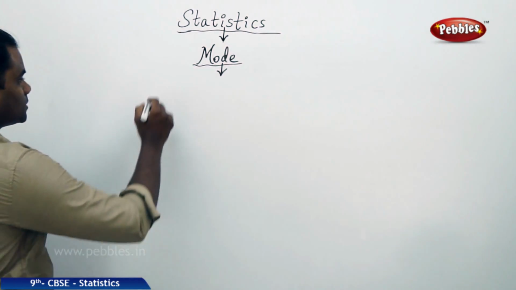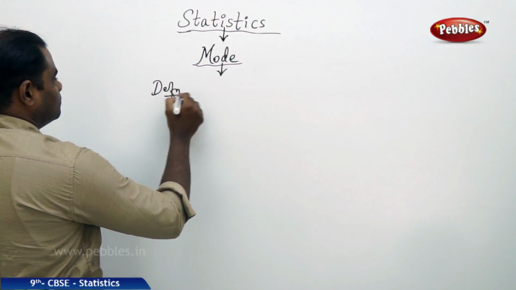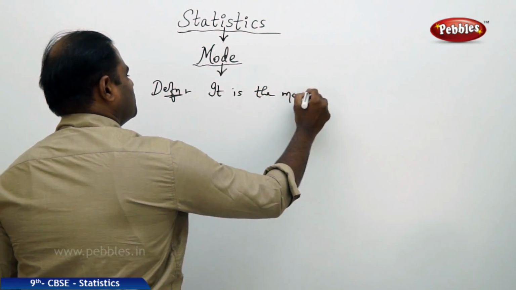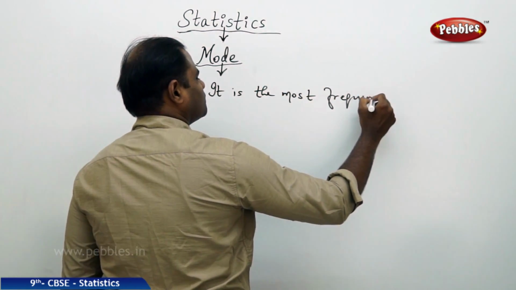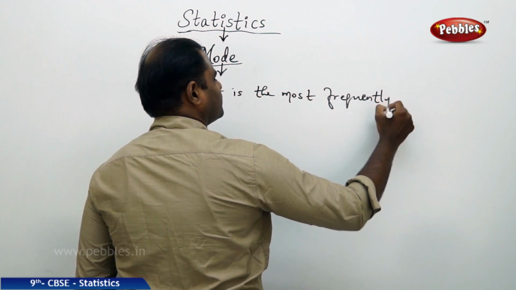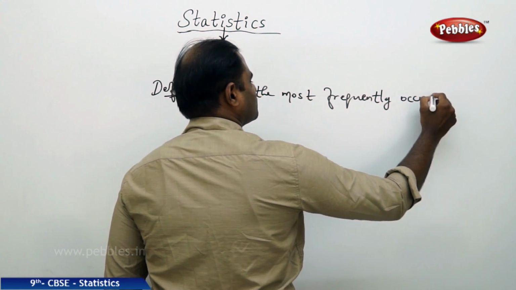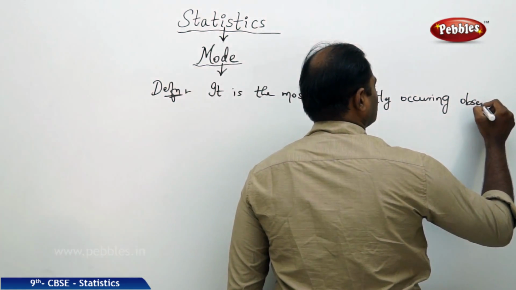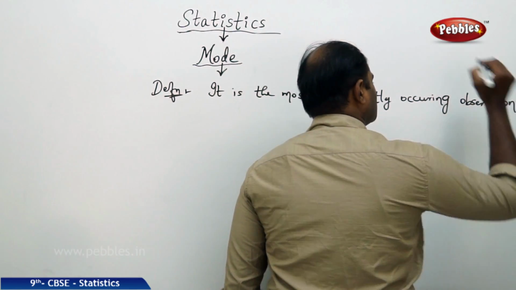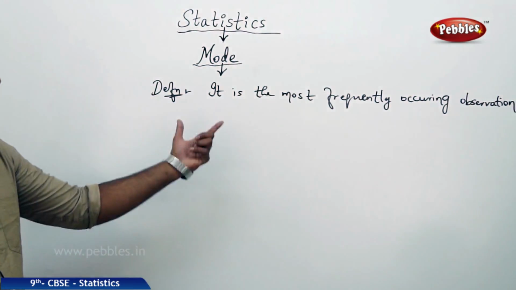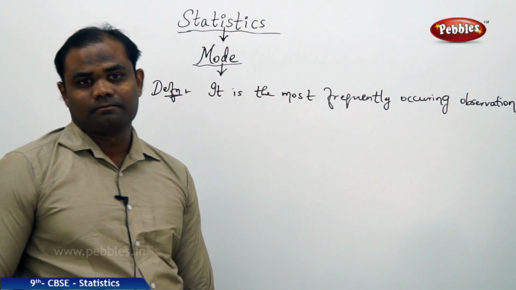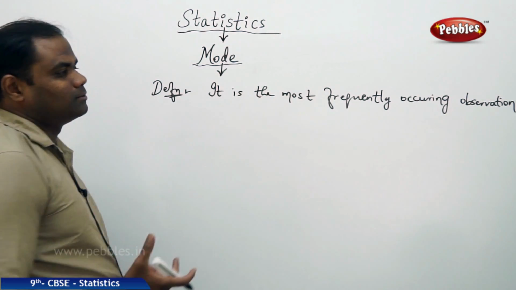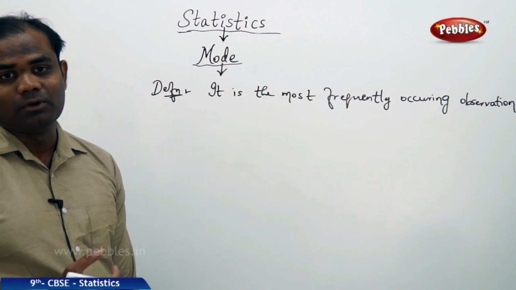To give the most simple definition, mode says it is the most frequently occurring observation. That means if the frequency is highest, then that observation value is said to be the mode.